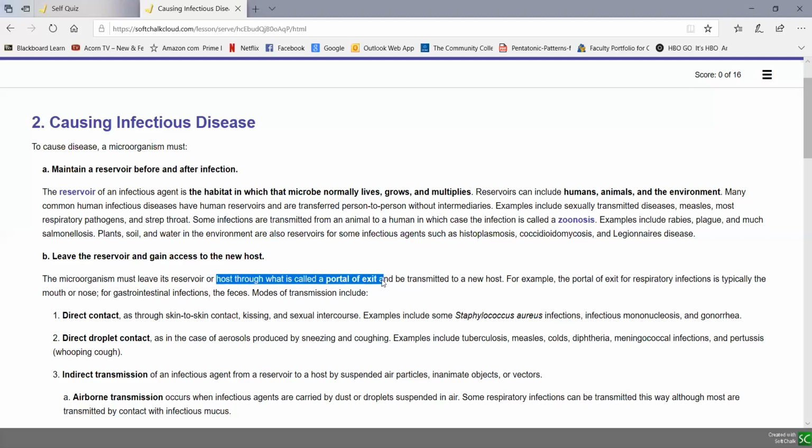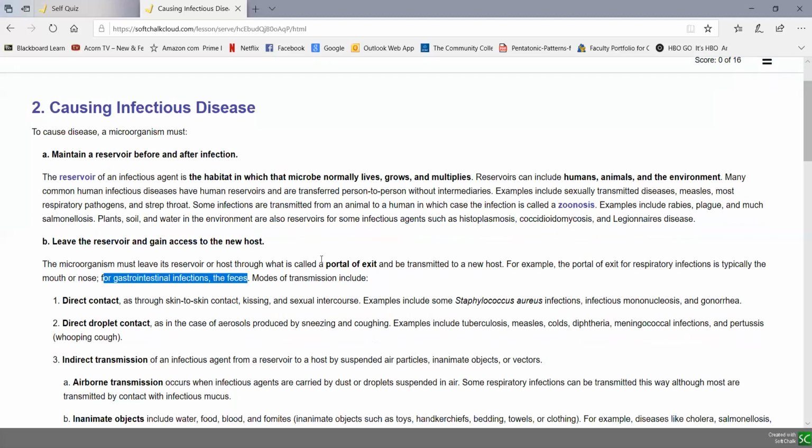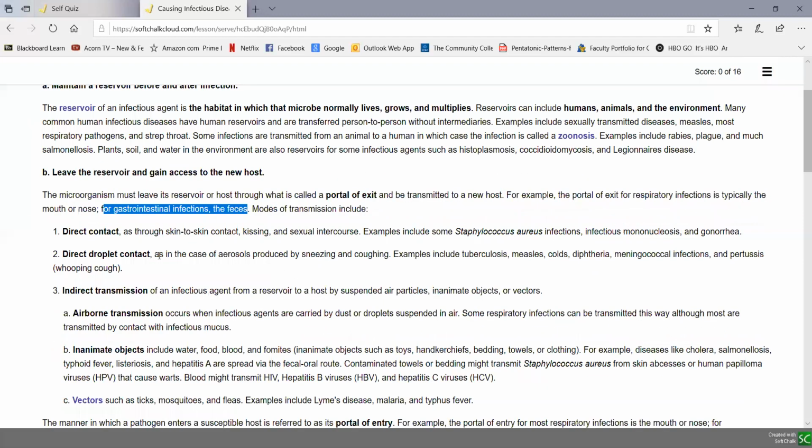That's how it leaves the host to be transmitted to a new host. So, of course, the portal of exit for most respiratory infections would typically be the mouth or nose. For gastrointestinal infections, the portal of exit would be feces. And there's a number of modes of transmission. Direct contact is through things like skin-to-skin contact, kissing, and sexual intercourse.